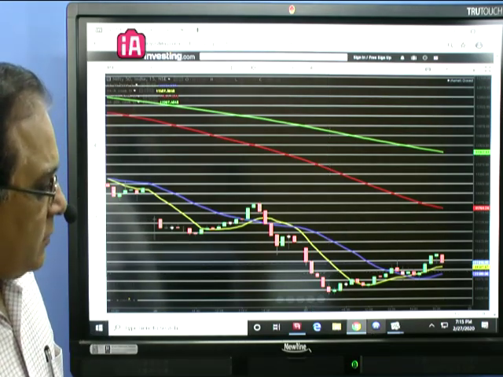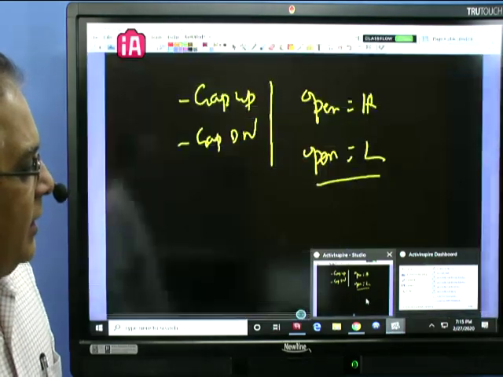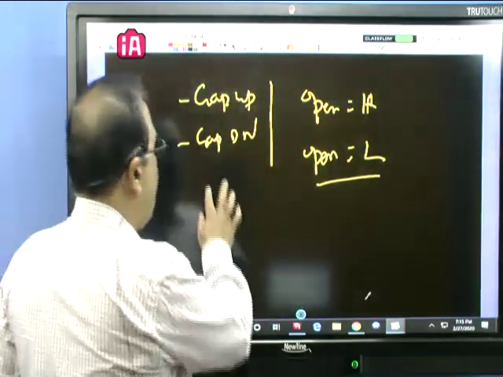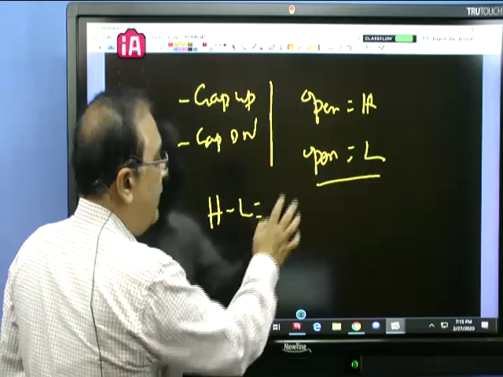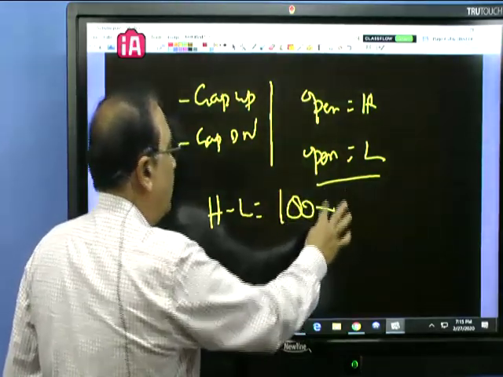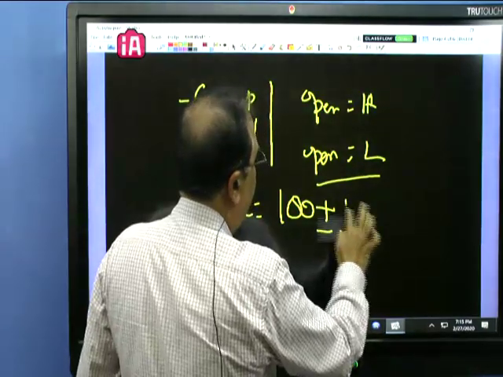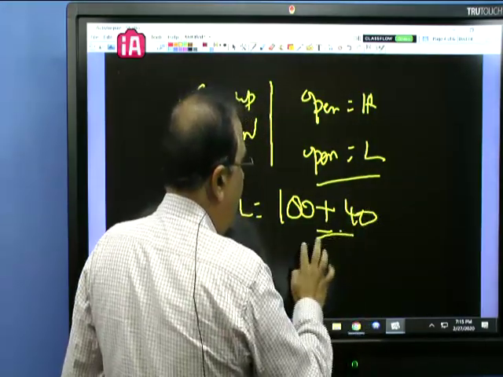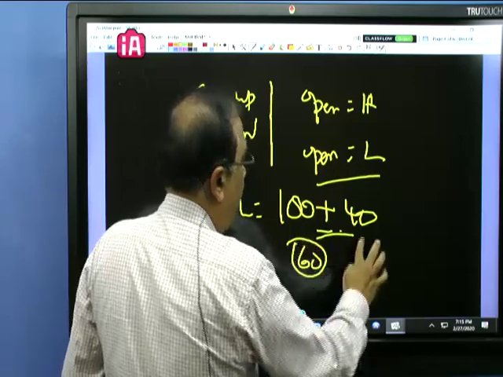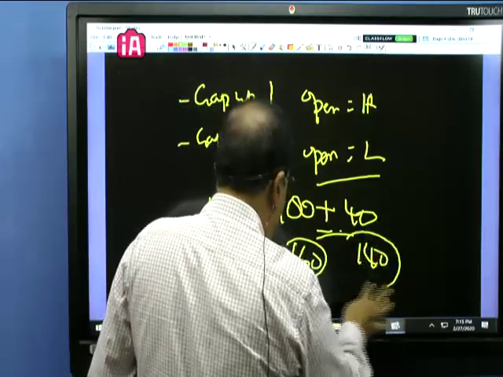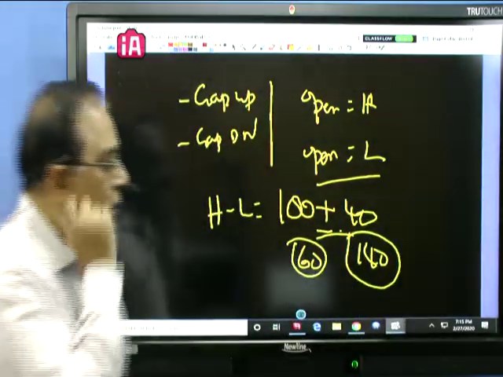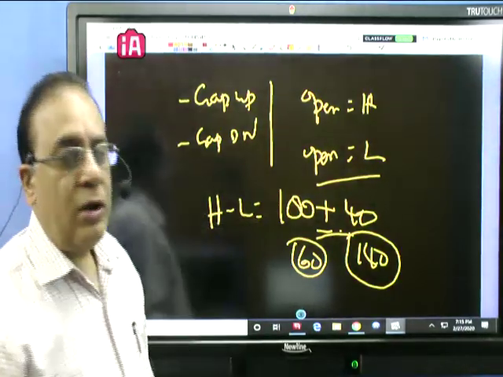Another thing you normally look at is that on a single day, the high and low difference will be an average of something like 100 rupees, plus or minus some 40 to 50 rupees. So it will be a minimum of 60 rupees or it could be 140 rupees. This is the normal range you see in the market, and the average will be around 100 rupees.